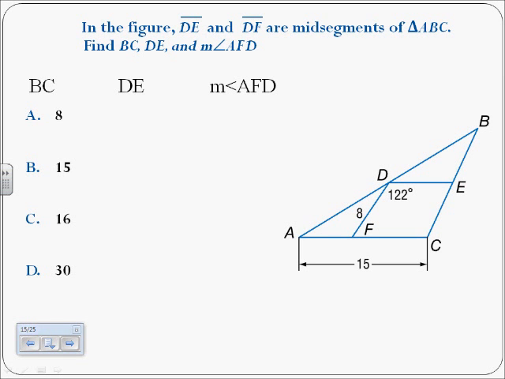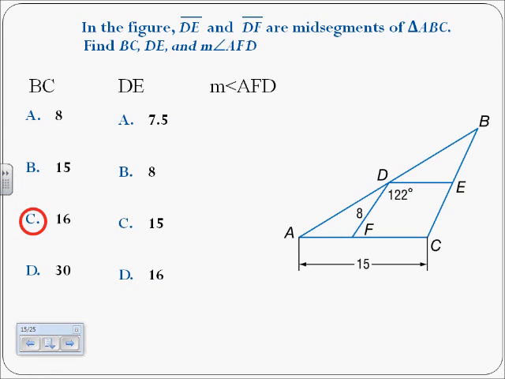Alright, next statement. In the figure, we want to find BC, DE, and AFD. So BC, this length right here, BC. If we have mid-segments, that means that FD is half of BC. So therefore, using the mid-segment theorem, we know that the length of BC has to be C, 16.